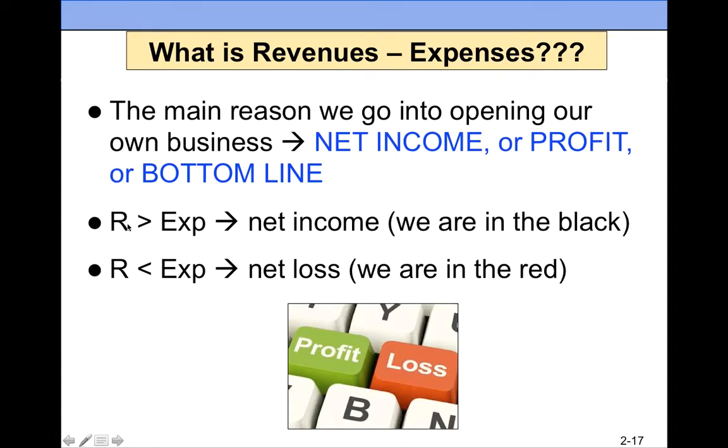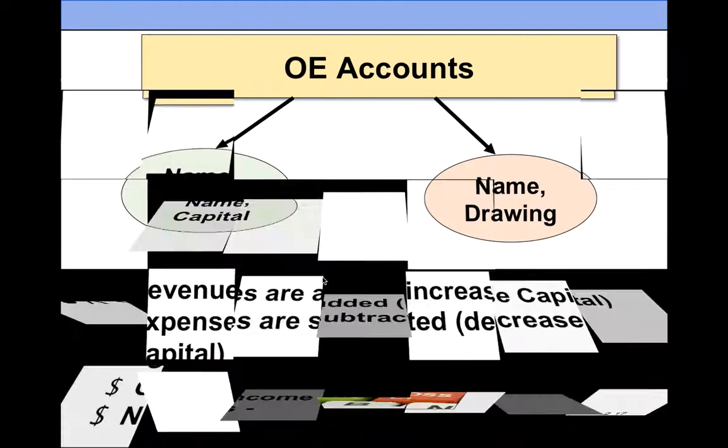So if revenues are higher than expenses, we have net income, we have profit, we are in the black. It's a good thing. If my revenues are less than expenses, we're in the negative, we're in the red. We will call it net loss. So net income versus net loss. I hope it makes sense.